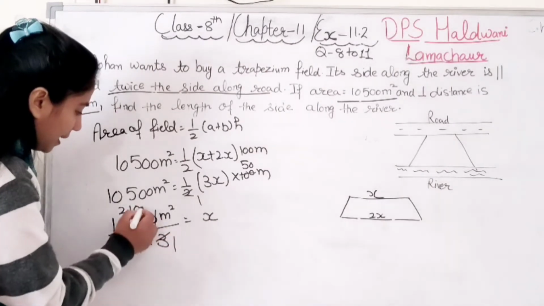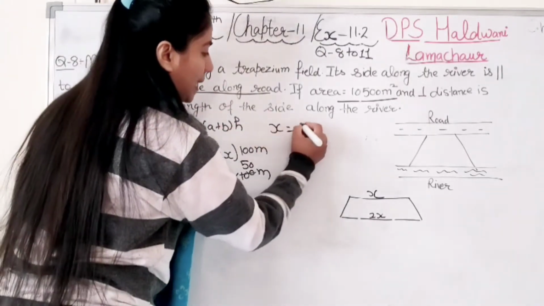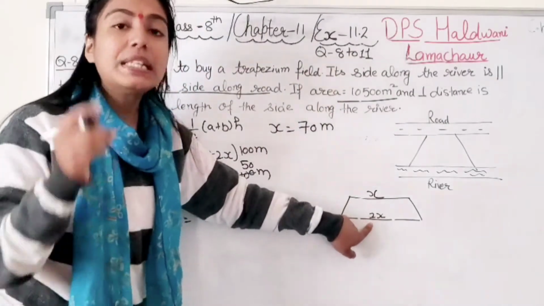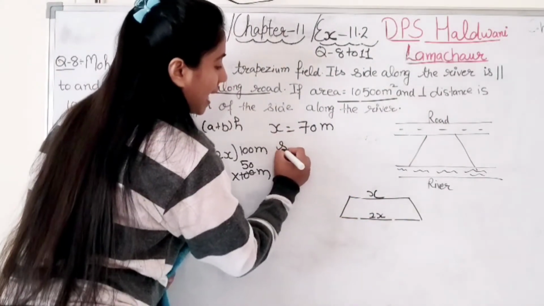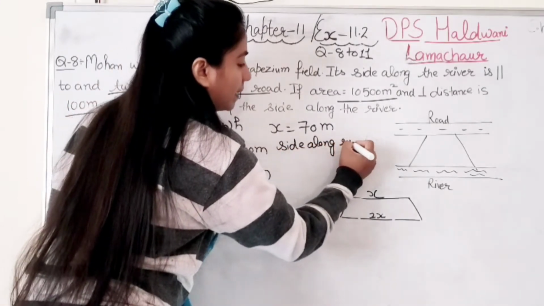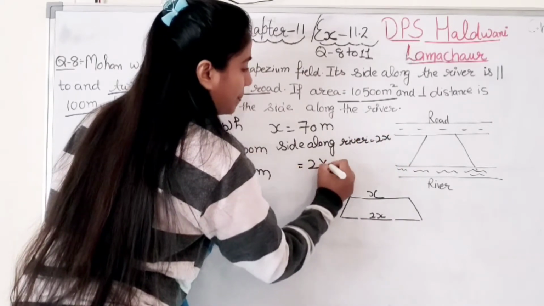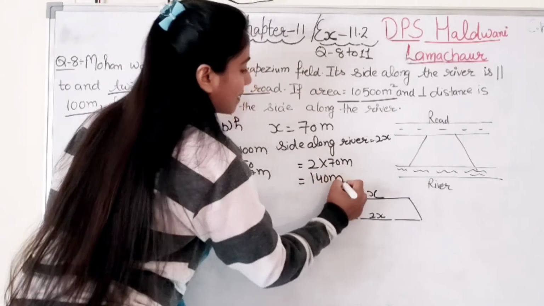So 15 into 7 is 105, and x value is 70 meters. But we want the 2x value, the river side length. So the side along the river will be 2x, that is 2 into 70 meters, which is equal to 140 meters.